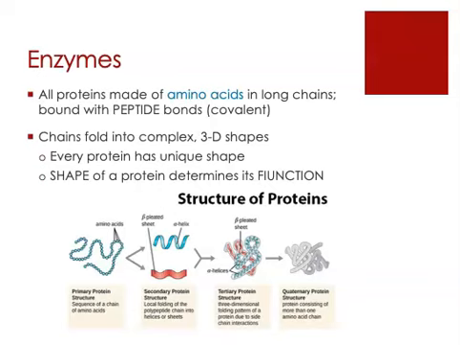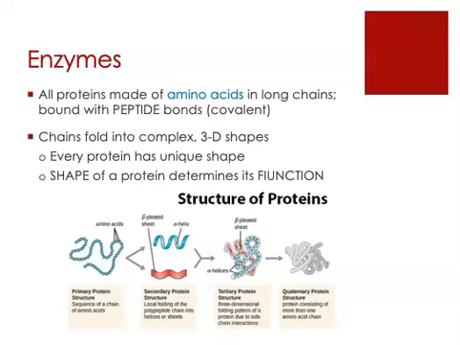And that's because every protein has its own unique sequence of amino acids. It is the shape that a protein assumes when it folds up that will determine its function. And enzymes are no different. An enzyme must have the correct three-dimensional shape in order to do the job that it's intended to do.